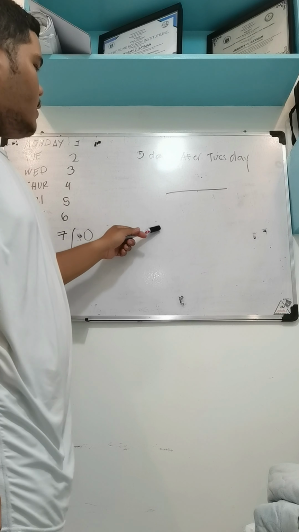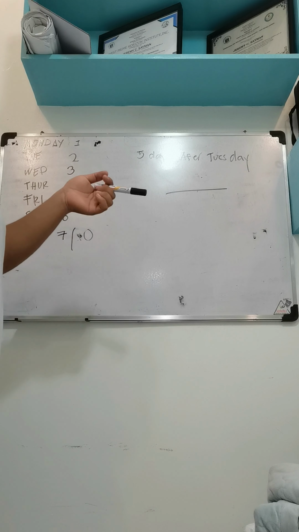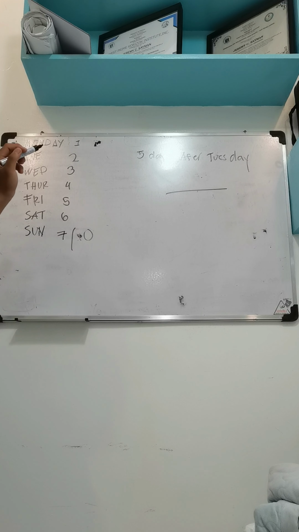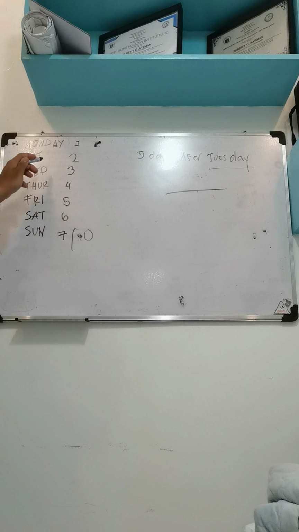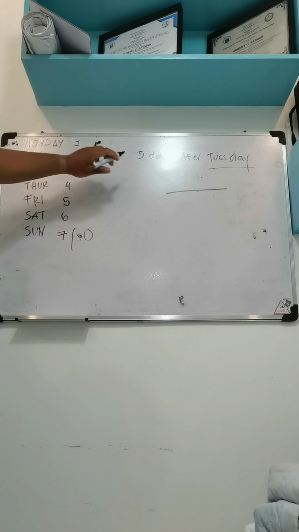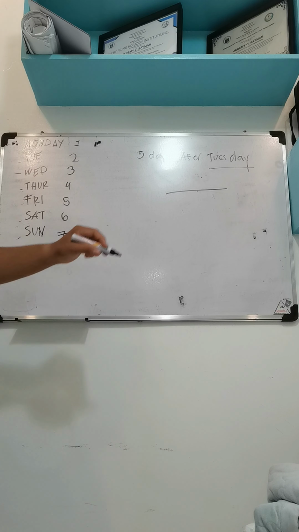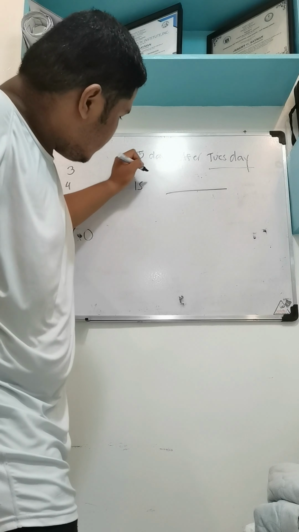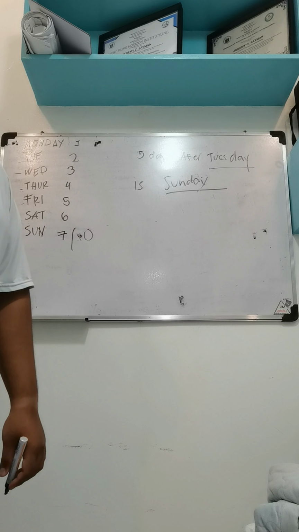We need to count whether it is a Monday, Tuesday, Wednesday, and so on. The keyword here is Tuesday, so we start here at Tuesday, then we count 5 days. 1, 2, 3, 4, 5. So 5 days after Tuesday is Sunday, that's the day your mom is gonna buy you a new phone.